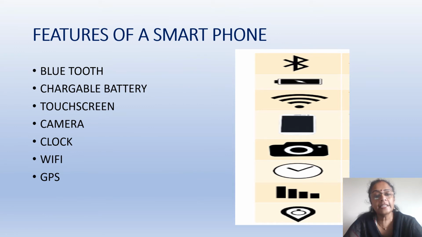Smartphones are available with features like Bluetooth, chargeable batteries, touch screens, camera, clock, Wi-Fi and GPS. All these features help in communicating and storing information very easily. Some of the features have been explained here.